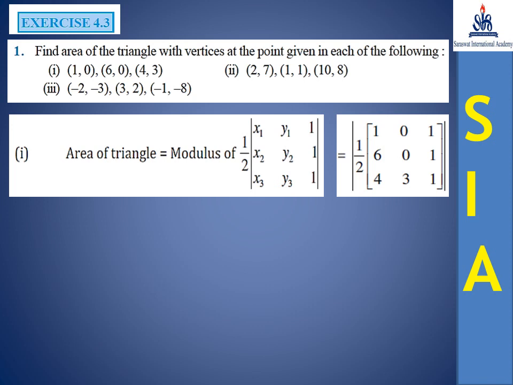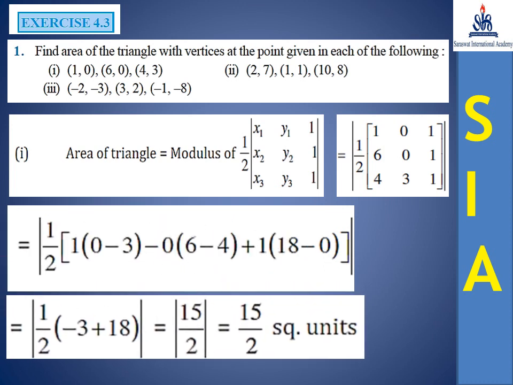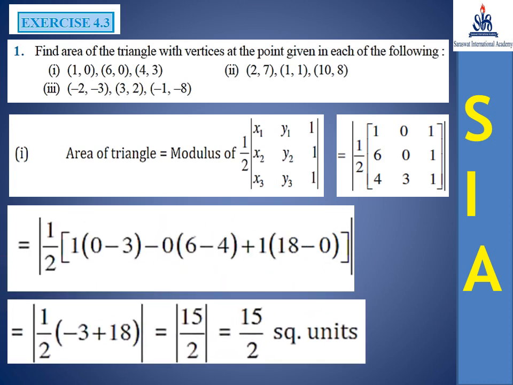Students, I again remind you that for x1 y1 you can take any vertex, either 1 0, 6 0, or 4 3, as you like, and solve by the definition. If you further calculate, you get the answer 15 by 2 square units.